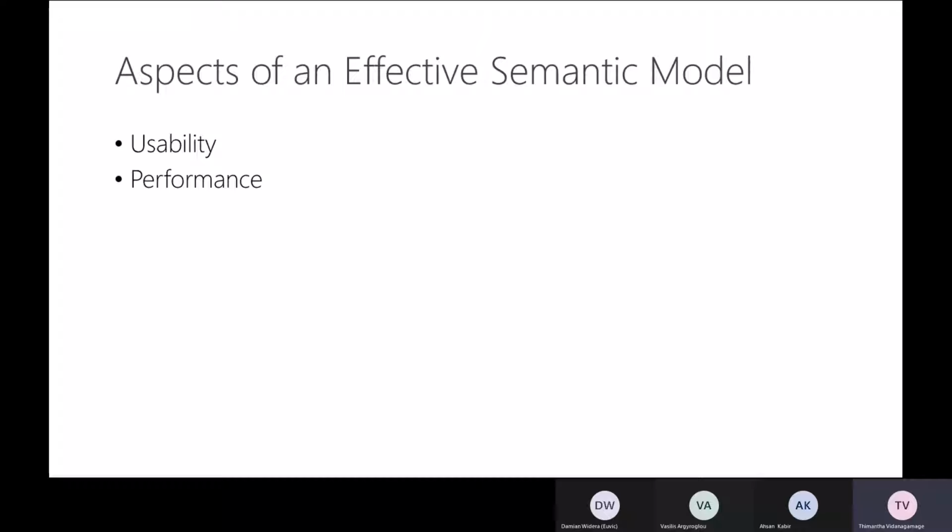When it comes to an effective semantic model, it can't be a semantic model that's highly optimal or doing really well in performance, but does not have a decent record in terms of usability. If a data model does not maintain a good level of usability but is doing really well in performance, that does not mean it's an effective semantic model.